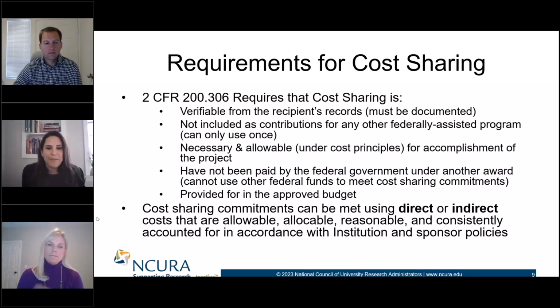As we mentioned, it can't be paid for by a federal award, and so you might have another non-federal award contribute towards this, and it also must be approved in the budget. Okay, you may be able to meet cost share requirements with direct or indirect, but it has to be clearly outlined at the onset to make sure that the sponsor's in line and everyone's in agreement what will qualify.